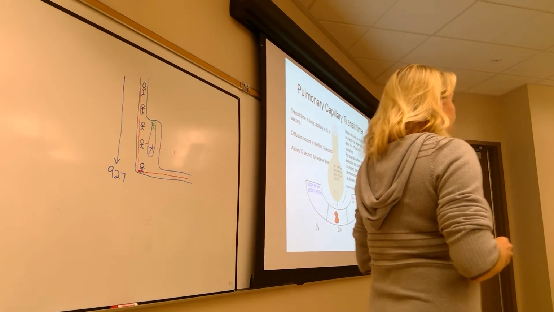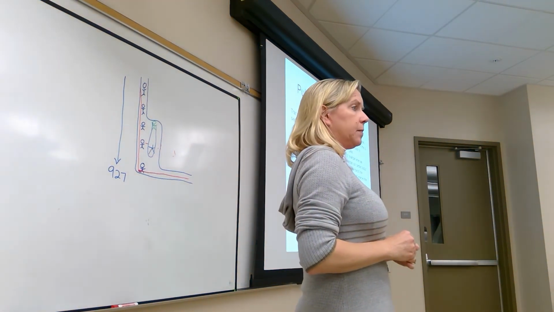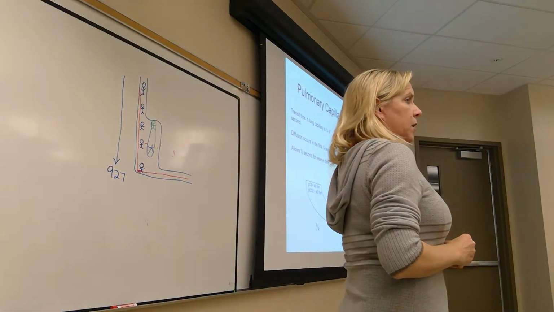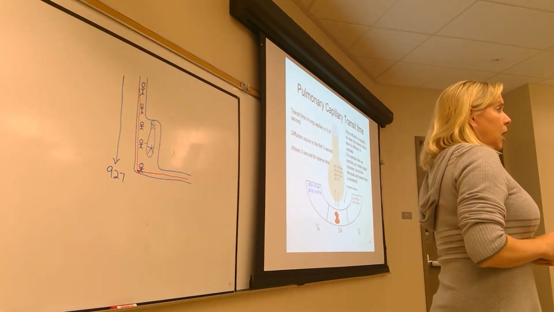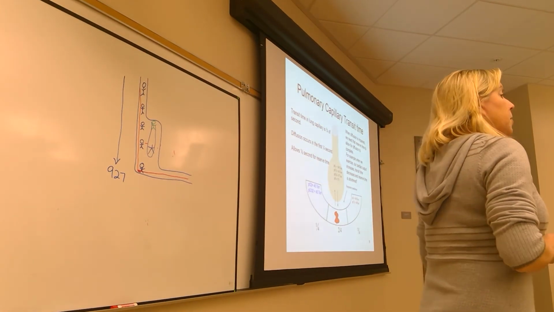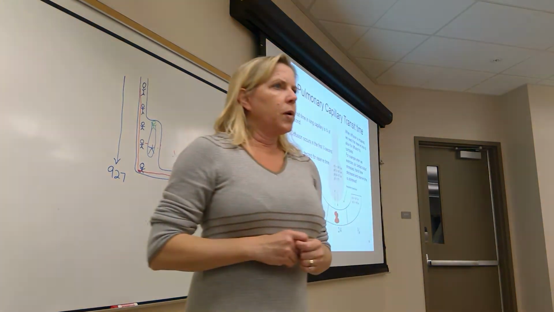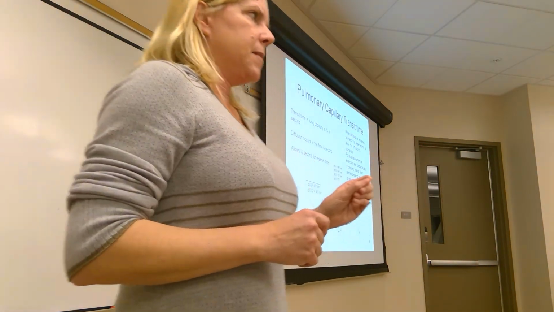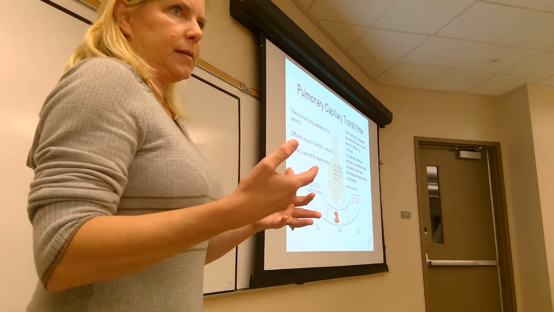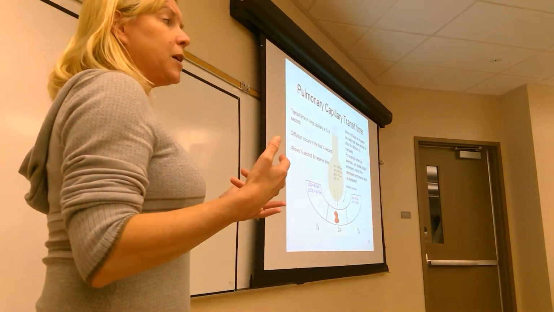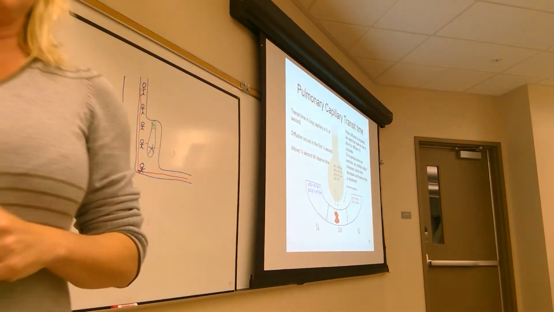That means there's a half second of reserve time for gas exchange. Do you have it? Yes. Do you need it? I hope you don't. But are there disease states where that half second of reserve time is used and they still need more? That's not going to be good, is it? And yes, there are disease states.